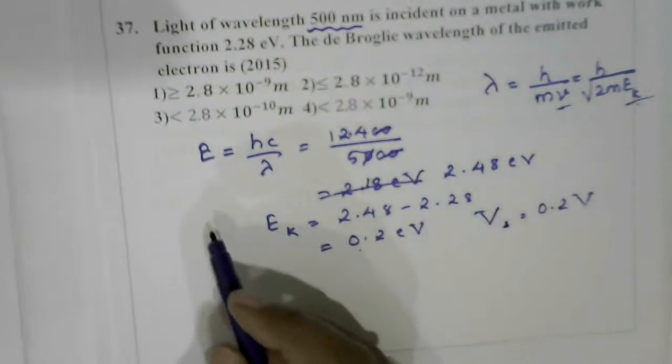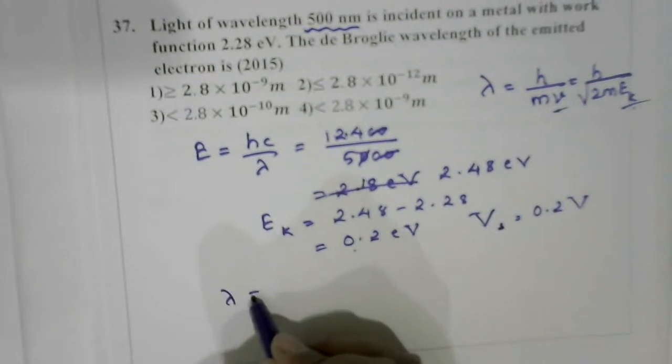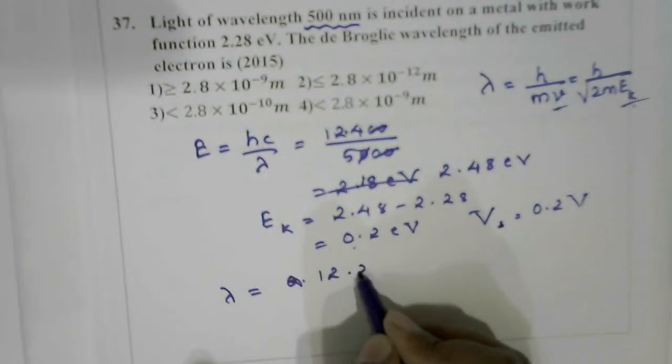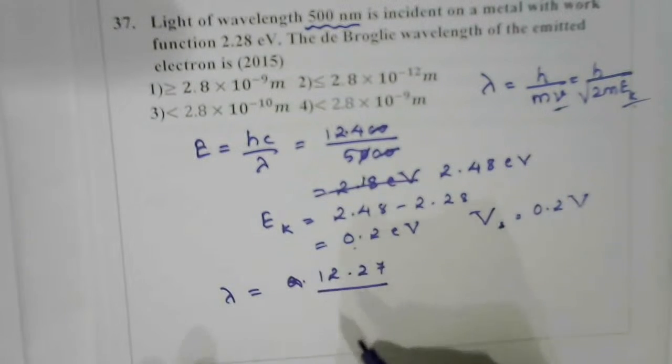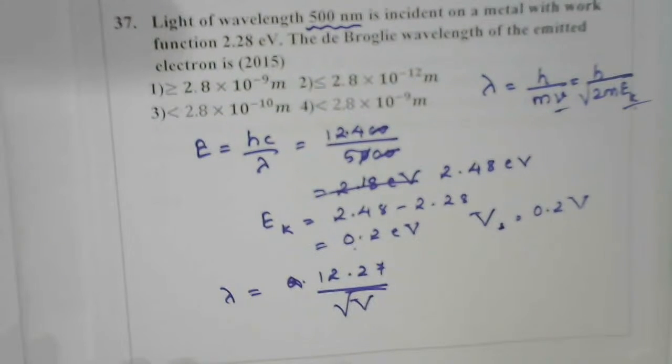Then you have one more formula. Since it is an electron, it is 12.27 divided by the square root of potential. So this is one of the formulas.